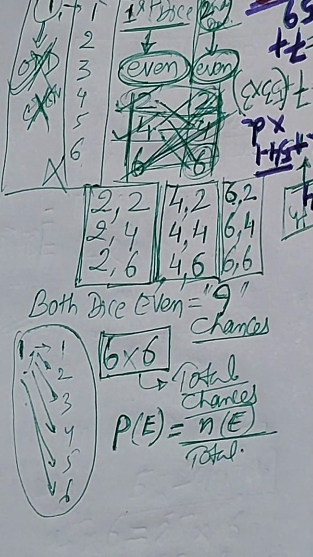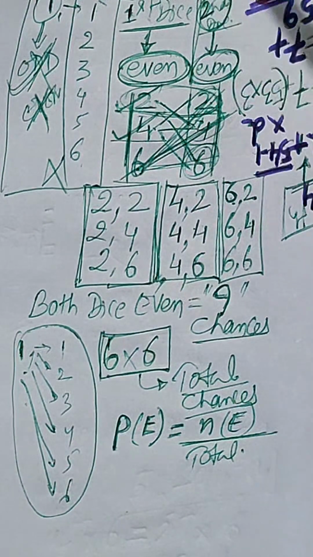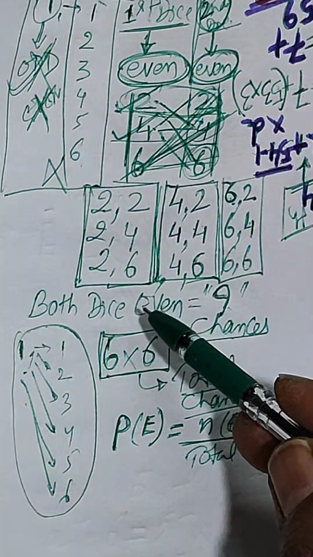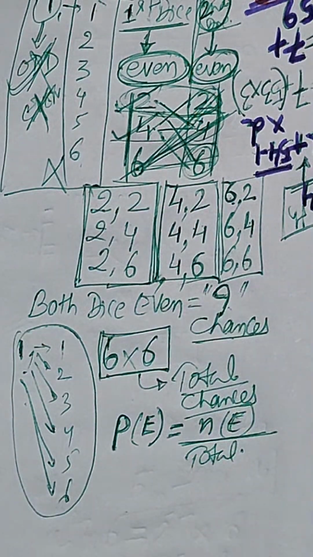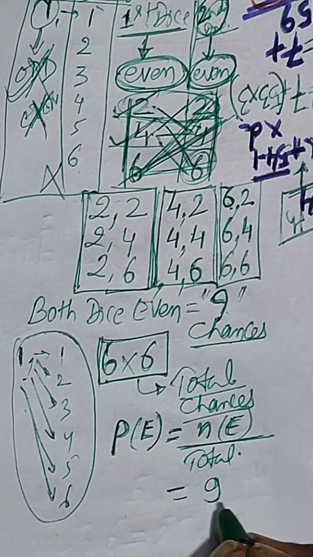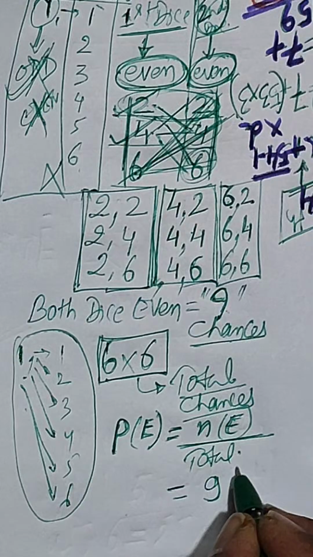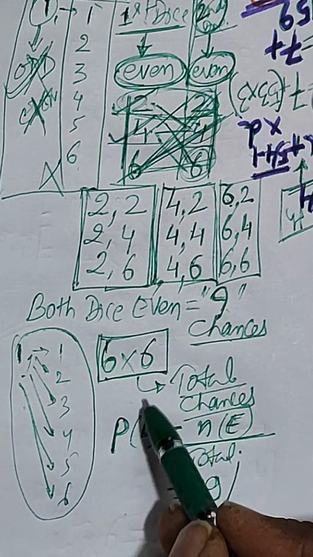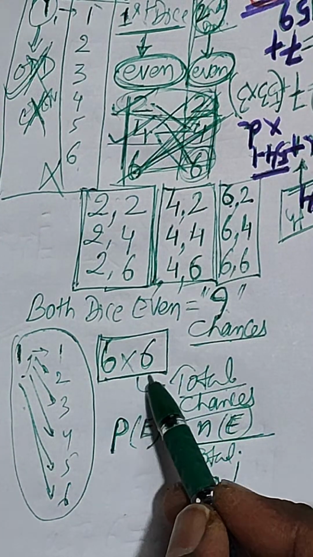So here, when both the dices are rolled, total 9 chances are there when both the dices have even numbers. So just put 9 into the numerator, and divide by the denominator, the total number of options. So when the two dices are rolled together, total chances are 6 into 6.